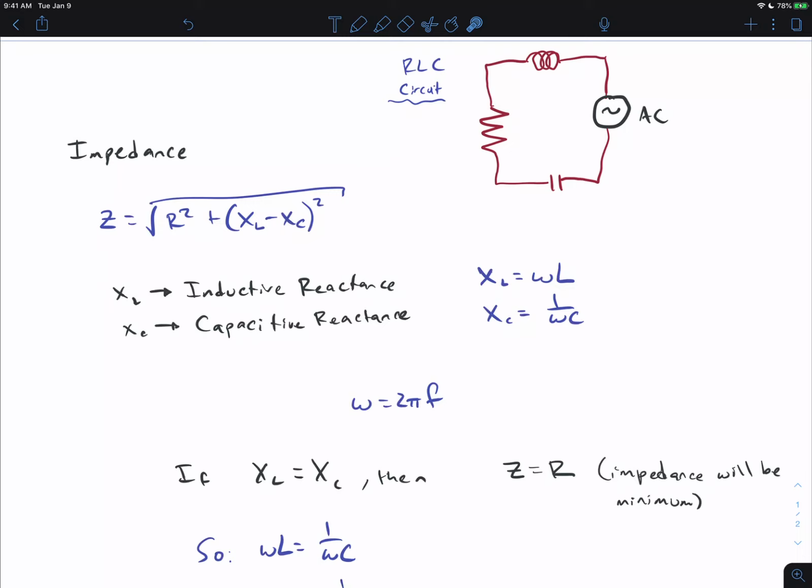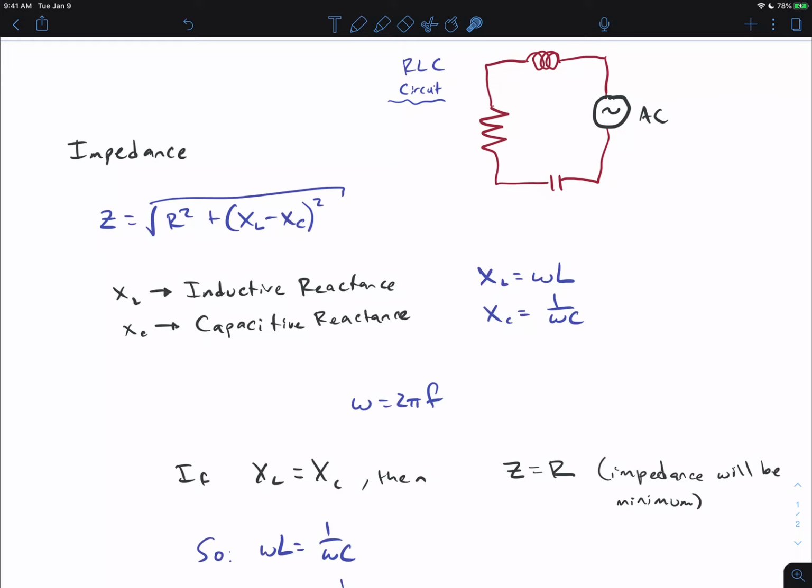With resistance, yes, my current is slowed down, but it's done linearly. Impedance is going to be slowing down my current, or slowing the flow of charge, according to these nonlinear objects. So if I hook up a DC voltage source to this circuit, it won't be very interesting.